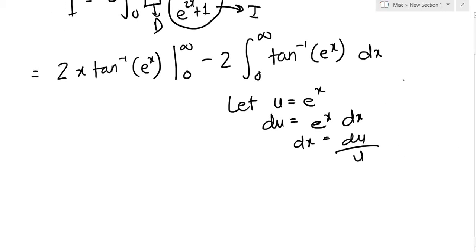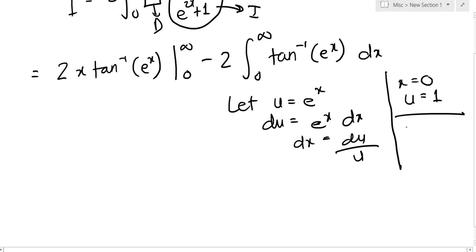Now let's fix our limits of integration. So when x was 0, u will be e raised to 0, which is 1. And when x was infinity, u will be e raised to infinity essentially, which is again infinity.